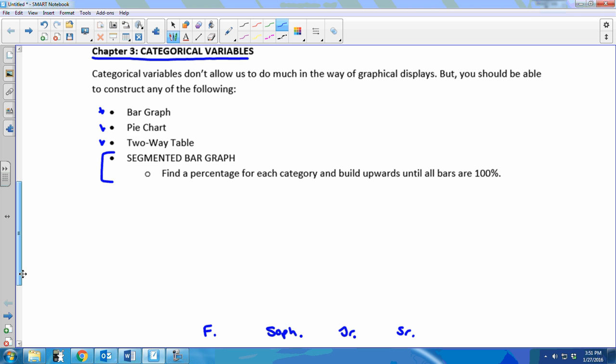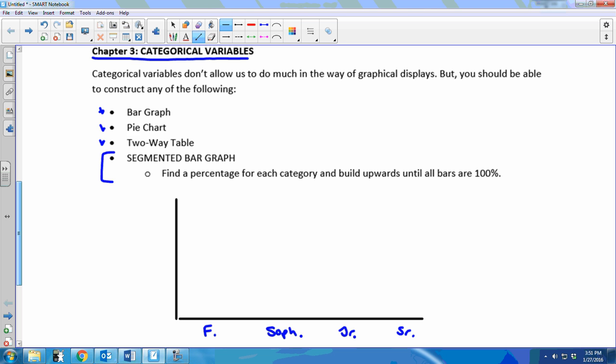Well, they all add up to 100%, every single one. So all of these bars should end up being the same height. We'll say this is 100%. Then all of these bars are the same. Every bar will be the same.